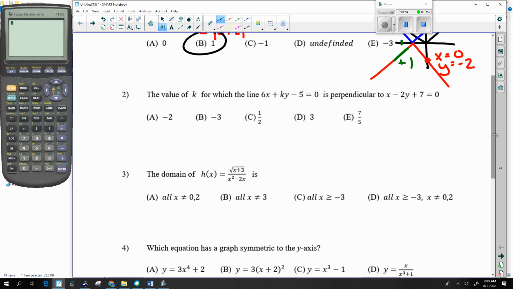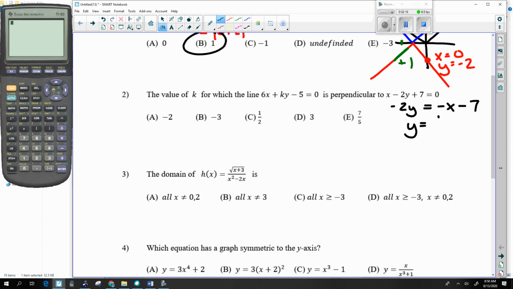What is the k value? So the k value is right there in the equation. What is the k value of that line perpendicular to that second equation? Okay, so our number one goal is to figure out the slope of this second equation.